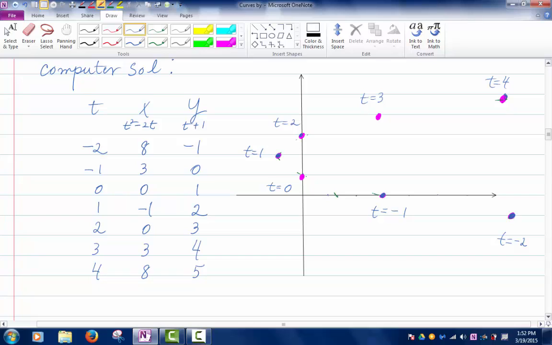So t is the parameter here. For each value of t, think of t as time, and x and y are specifying the coordinates of a moving object. So when t is -2, you get a position. When t is -1, you get a position. When t is 0, you get a position. When t is 1, you get a position and so on.